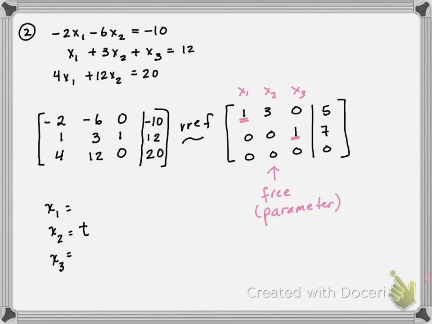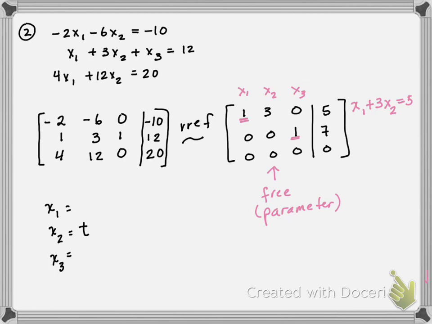It can be any real number. So now what about x1? Let's pull out the x1 equation from the first row. We get 1x1 plus 3x2, 0x3 equals 5.